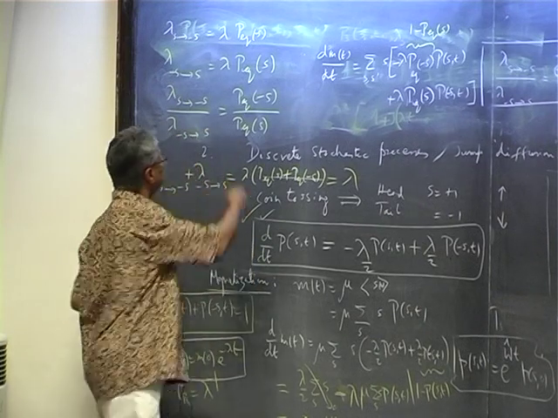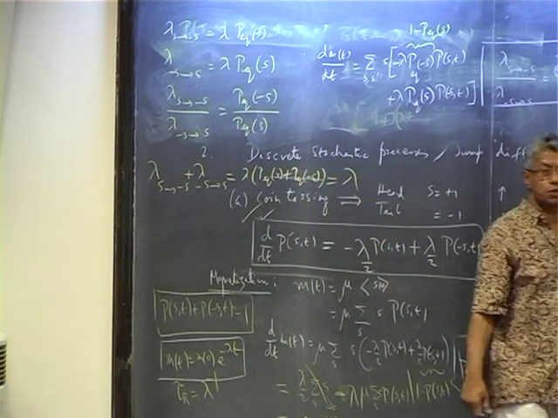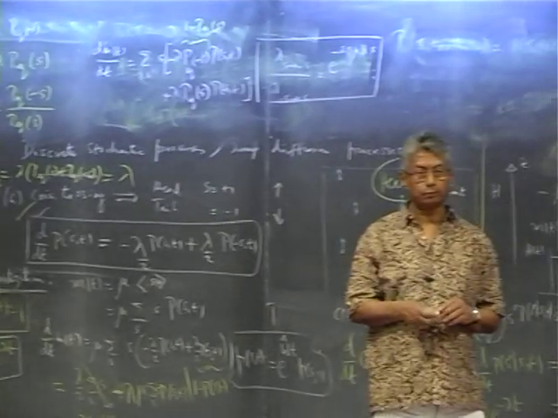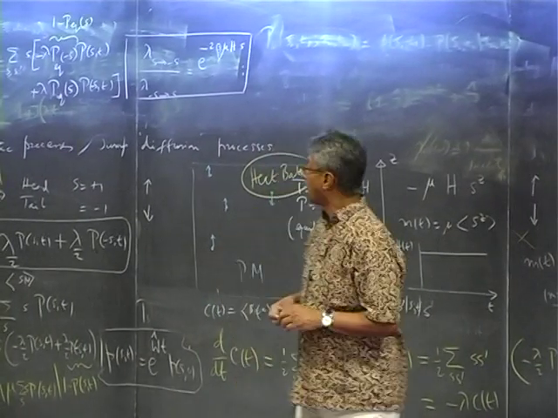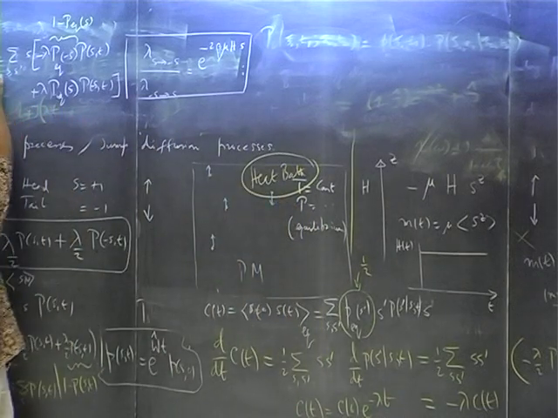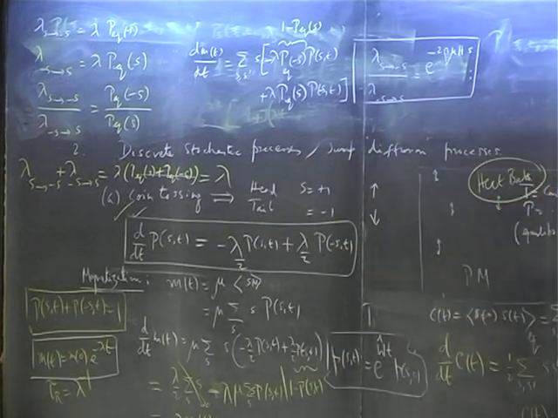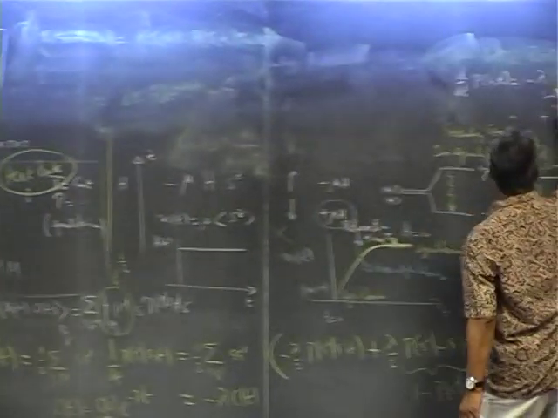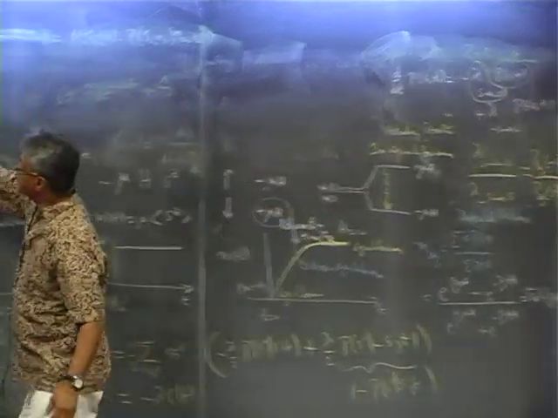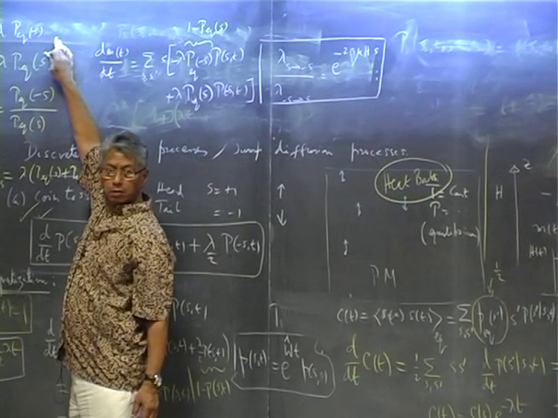You can put in some complicated function of S there, which would still satisfy the ratio condition. But we don't want to complicate our life. Having done that, now I'm writing the equation of motion for the magnetization. And here you had this term in the rate equation, lambda S going to minus S, for which I have substituted minus lambda times P equilibrium of minus S from this relationship.